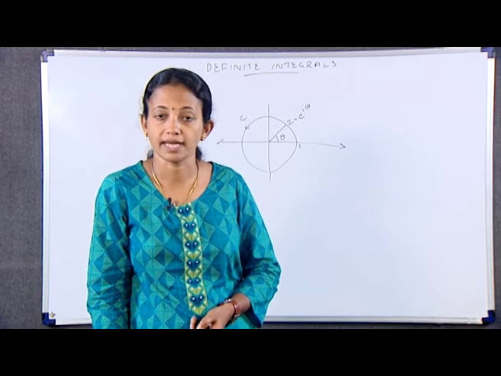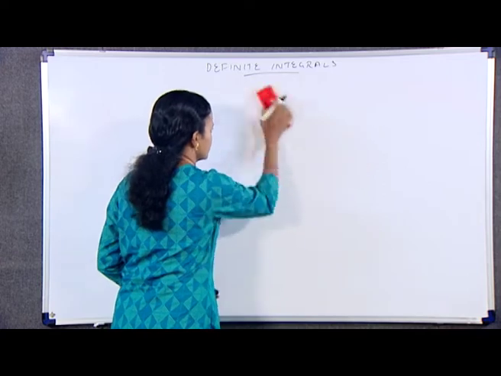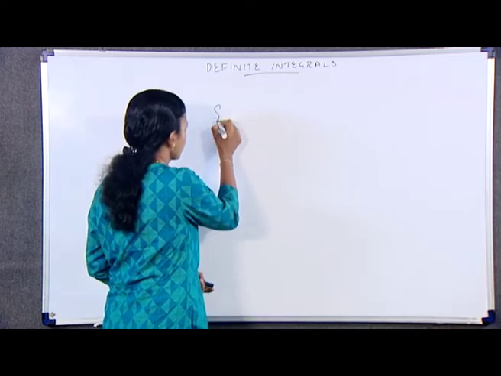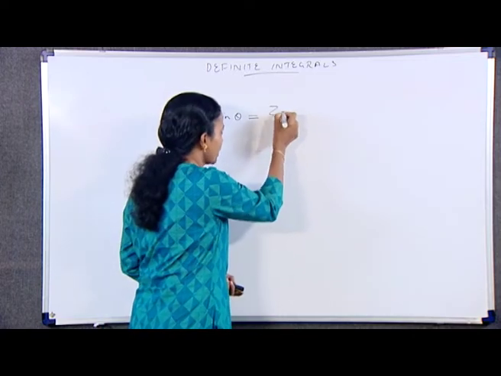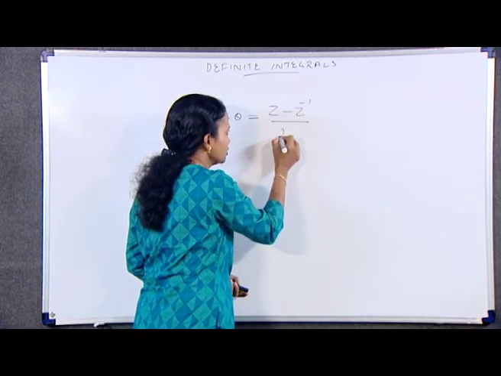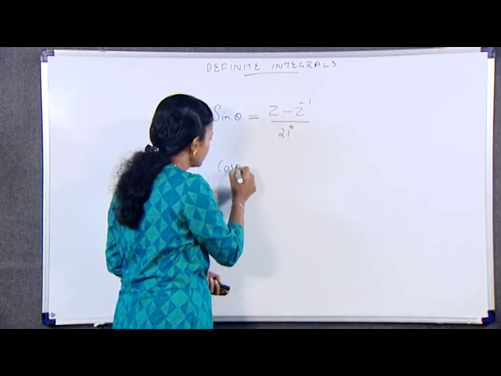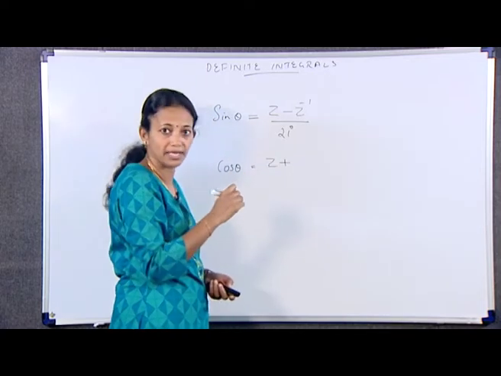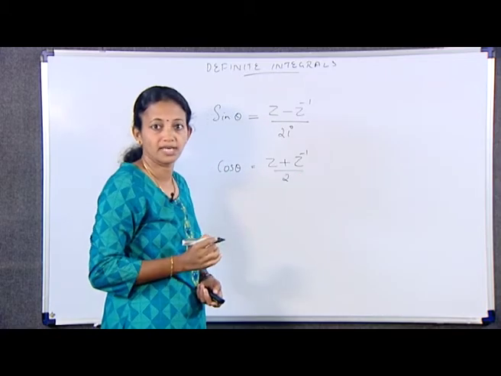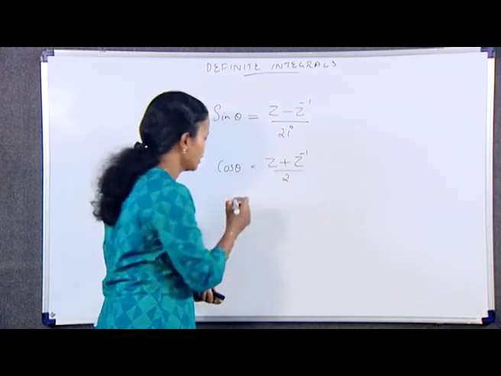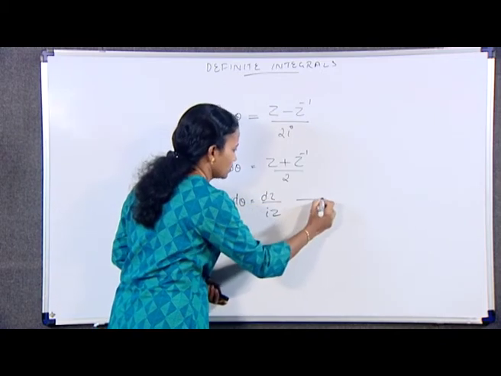We have sin theta is equal to z minus z inverse by 2i, and cos theta is equal to z plus z inverse by 2. d theta is equal to dz by iz. Equation number 3.